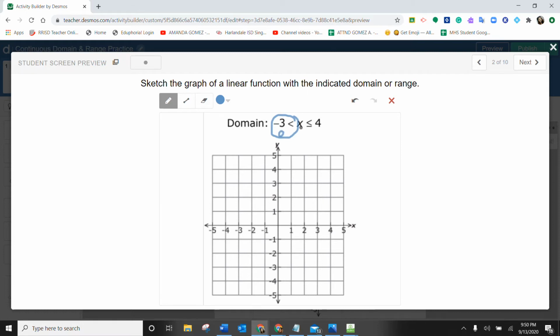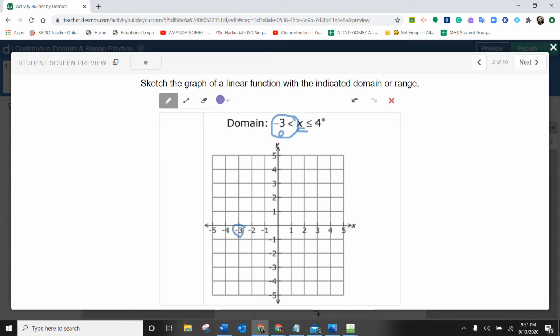Now, remember, I'm talking about my x-axis over here, all right? So let's go to my x-axis and find -3. Okay, here we go. And I'm going to put a circle around it just for right now. Now, let's change slightly our color. Purple, why not?